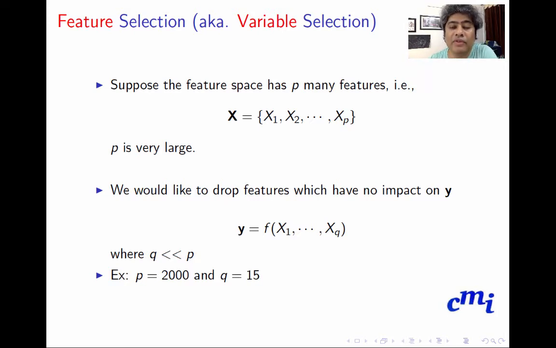It's still in 15-dimensional geometry, but it's better than 2000-dimensional geometry. So in that sense, we would like to select the features which have an effect on y, and ignore the features which do not have an effect on y.